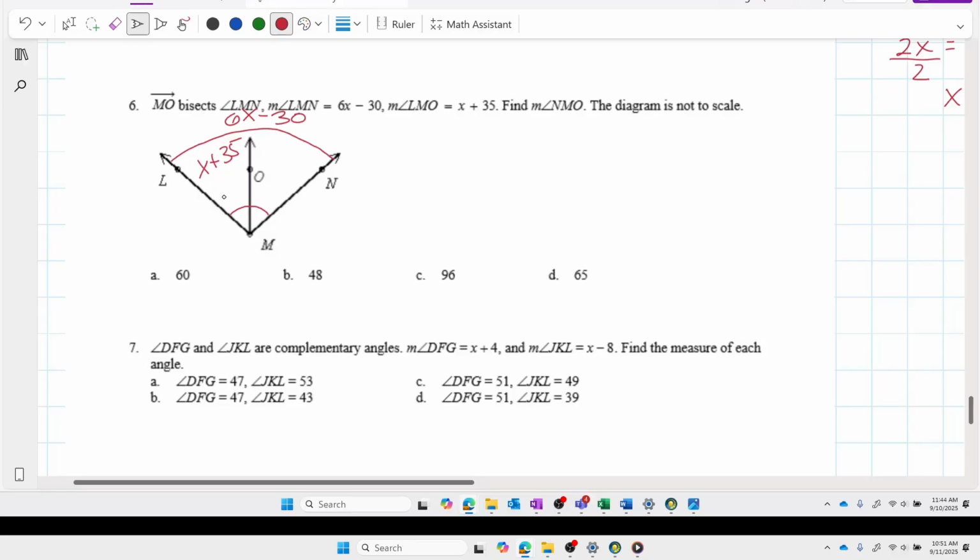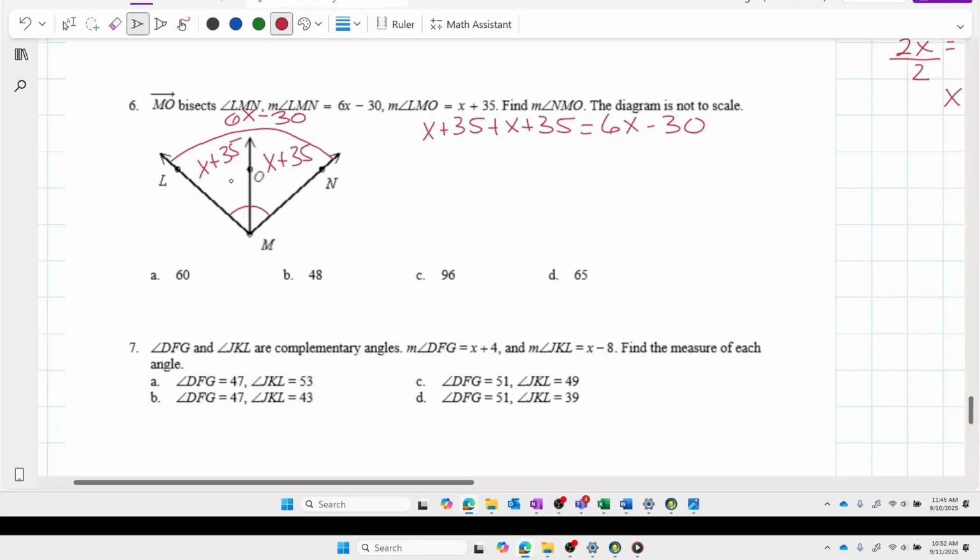So if these two inside angles are congruent, don't we have another x plus 35 right here? So we have an x plus 35 plus an x plus 35 that has to equal 6x minus 30.